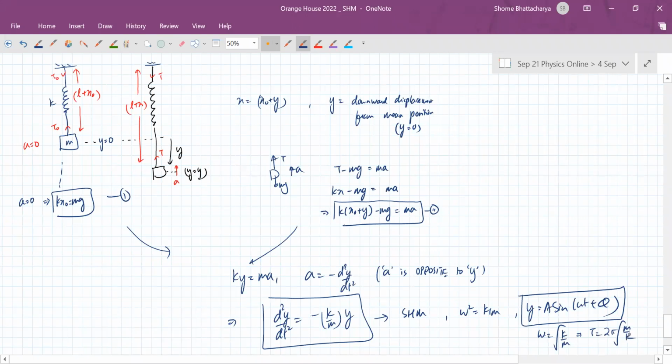Okay, so this is how we calculate the time period or frequency of a vertical spring mass system and show the equation of SHM.